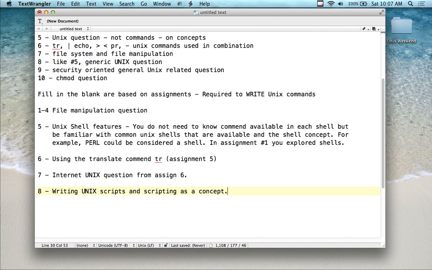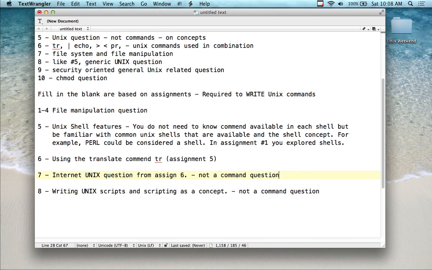You'll have to answer, and this is not a command question. Number 7 is not a command question either. It's identify something about something, or what is something about something. It's a short sentence that you write to answer a question, not a command, because you could really get tripped up on assignment number 6. So, number 8, on scripting.